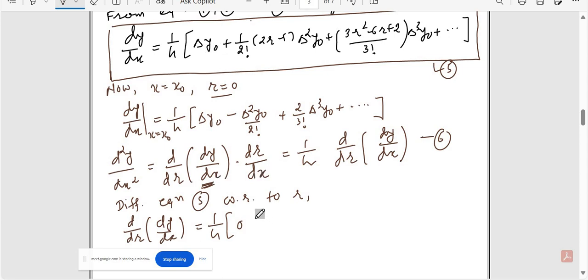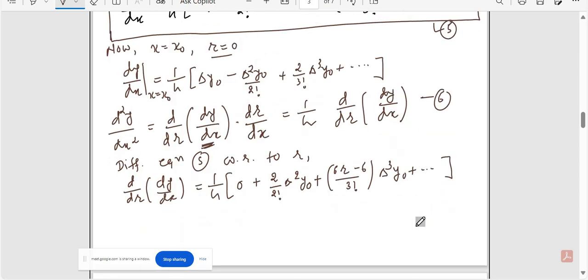Yes. Plus the derivative of r square minus r, which is 2r minus 1, divided by 2 factorial, into delta square y0, plus, now differentiate this with respect to r, this will be 3r square minus 6r plus 2, divided by 3 factorial, into delta cube y0, and continue in this way. Understand?